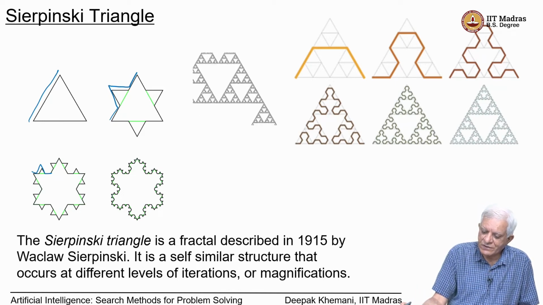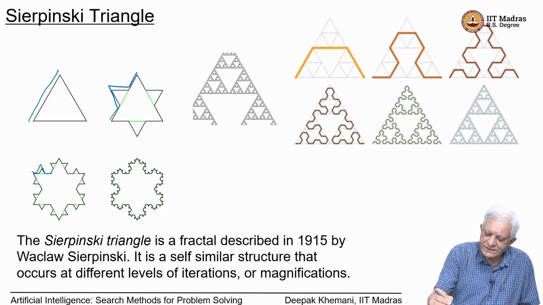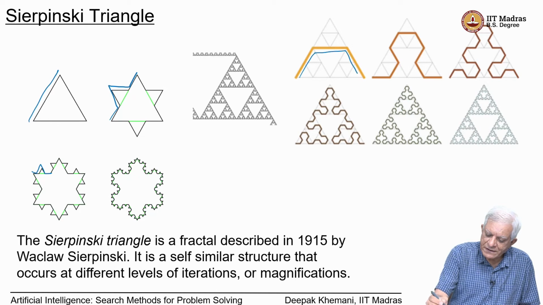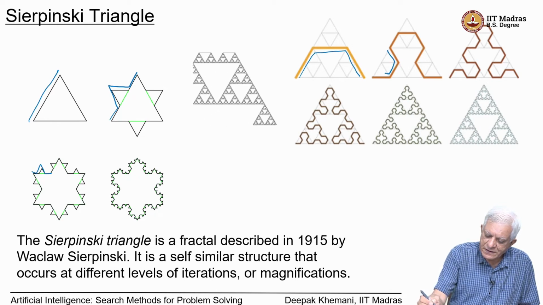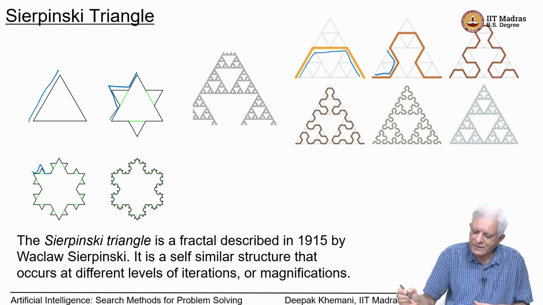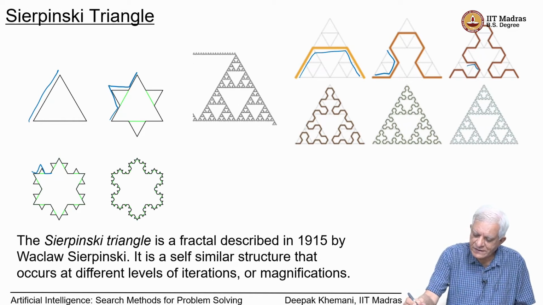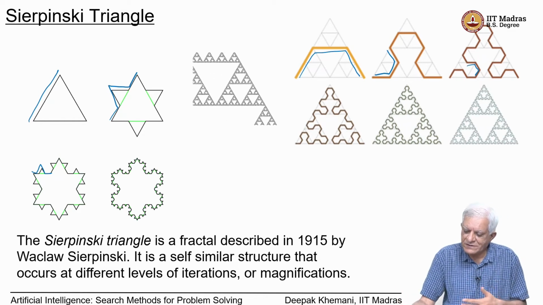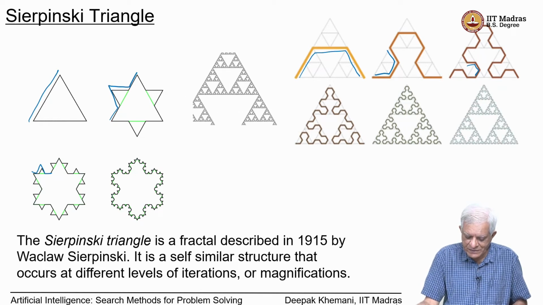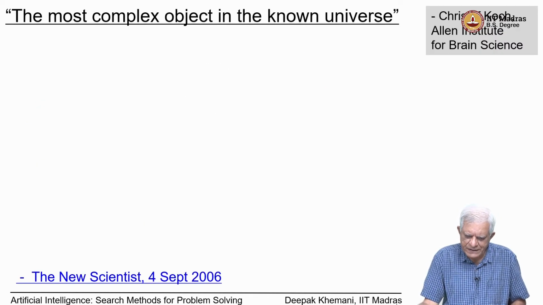On the right hand side also you can see that this pattern here is repeated here at a lower level, and you keep doing that at still lower levels, and you will get patterns which look self similar at different levels of detail essentially.